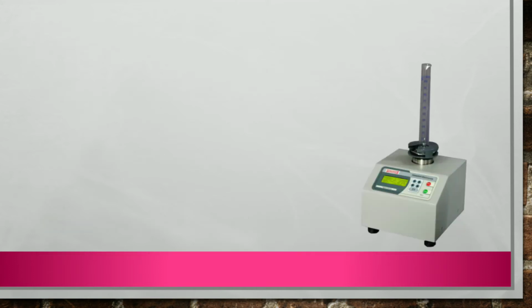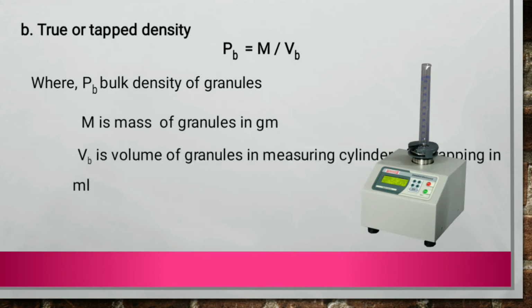Further, the next one is tap density. The tap density or true density is the density that is obtained by mechanically tapping a graduated cylinder containing the sample until no or little volume change is observed on further tapping.